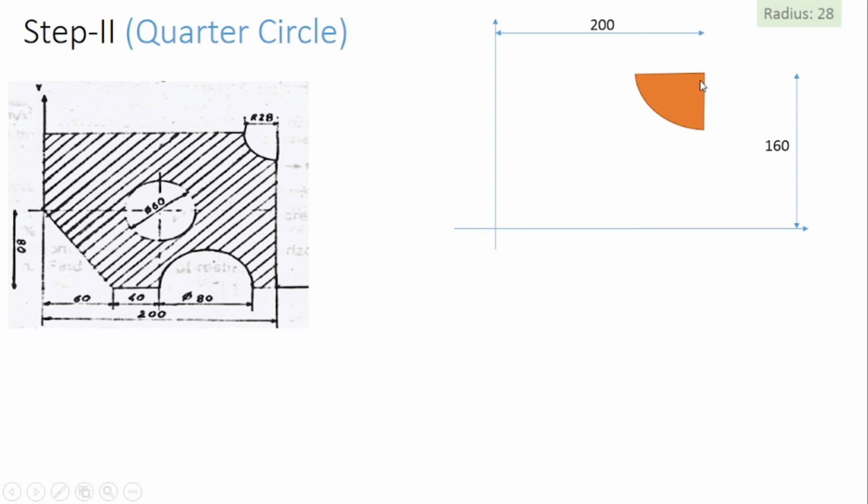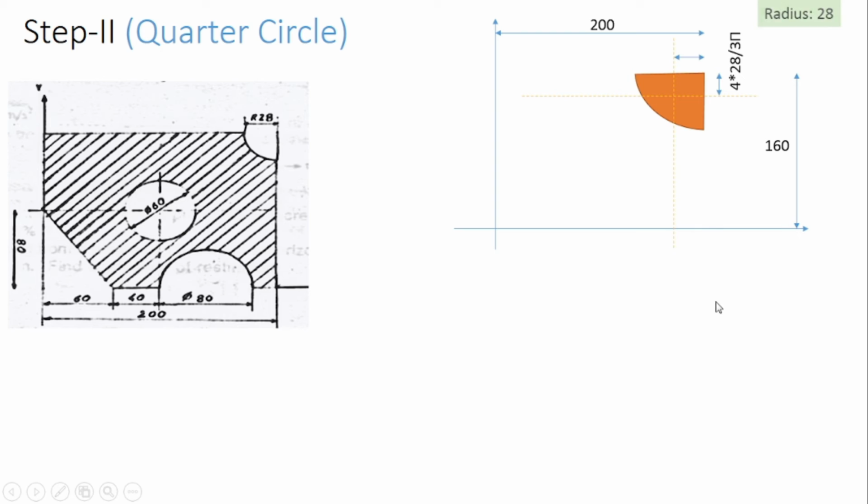Now we'll find out the centroidal point for the quarter circle. So it is located somewhere here. So this is the location of centroidal axis. Now we'll find out this distance and this distance. This length and this length is equal to 4r divided by 3 pi. So 4 into radius 28 divided by 3 pi will give you the value of this horizontal length and the vertical length.